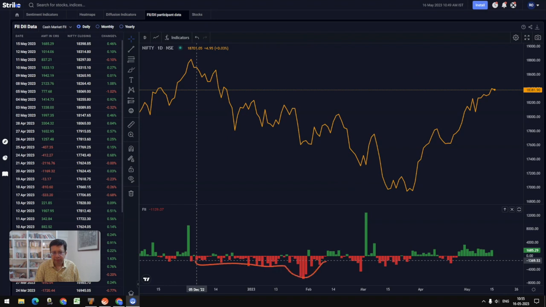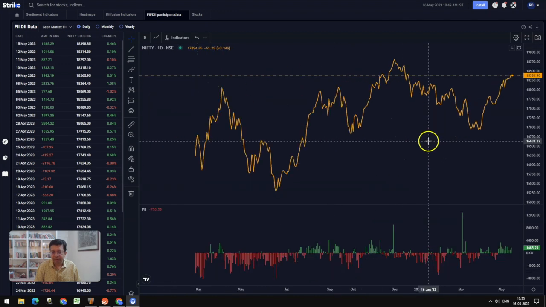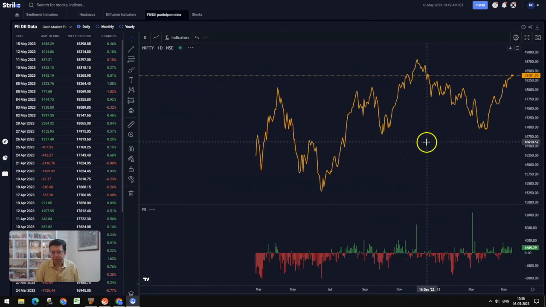Every time it was green just for a week, but we didn't get a prolonged green period. We did get some green here in this first rally, but the amounts were small. Now we're seeing some meaningful amounts, 1,600, 1,500 crores per day, which can actually add up to something. So that's going to change the flow. So at least there's a sentimental change as far as FII behavior is concerned in this market.